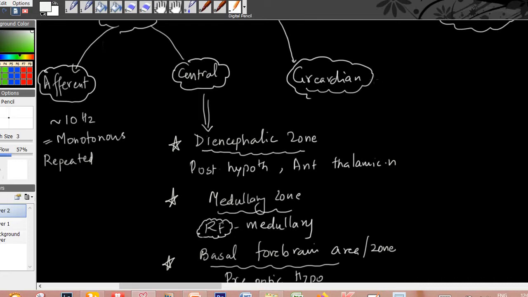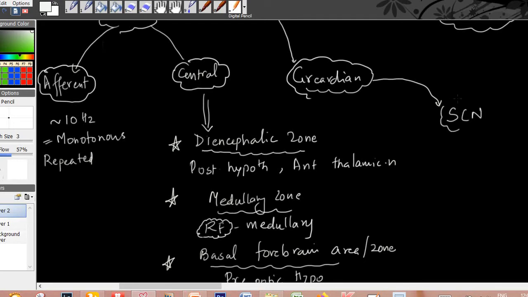Now thirdly, you have the circadian area. In the circadian area we only have one area, and that is your suprachiasmatic nuclei, which has that biological role of doing this job. So it is none other than the suprachiasmatic nuclei.